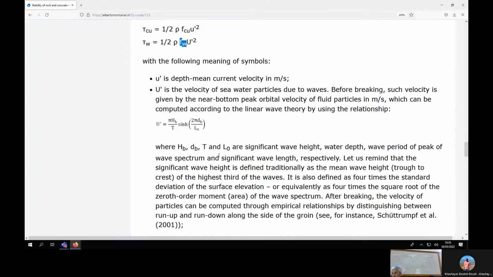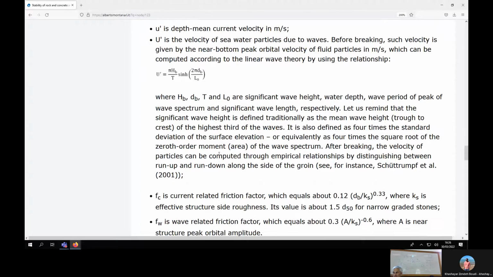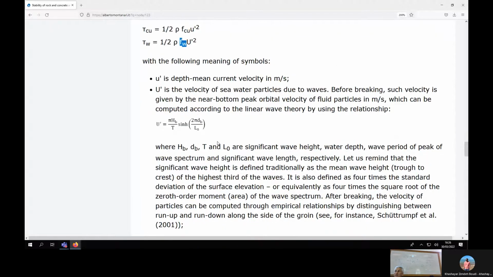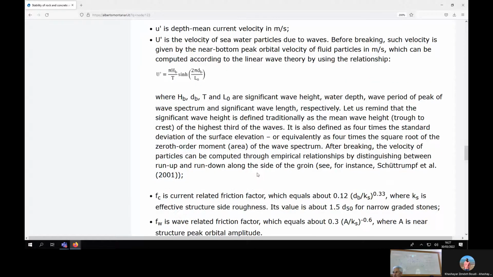But let's also say that after breaking, the velocity of fluid particles is much higher, and it's given by another empirical relationship which we don't list here. And there is an empirical relationship that makes a difference between run-up and run-down flows. You don't see this empirical relationship here.